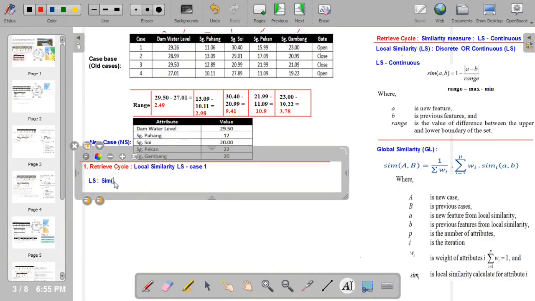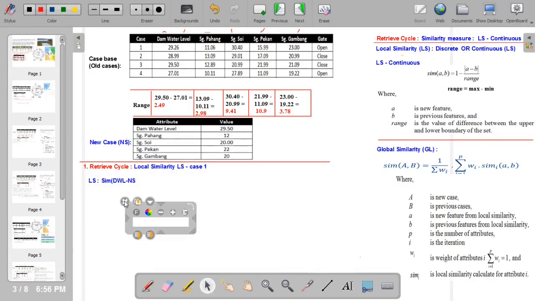So I'm going to write here the first attribute of the new case, which is dam water level. I'm going to indicate it with D for dam, W for water, and L for level. This is the first attribute of the new case.